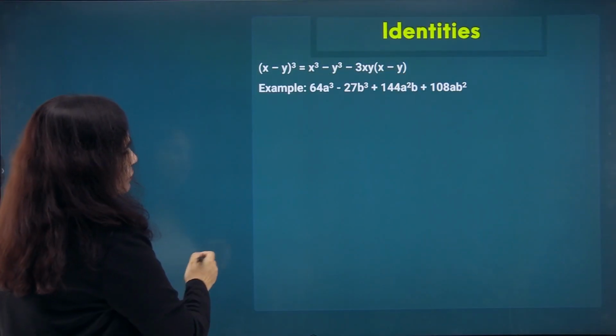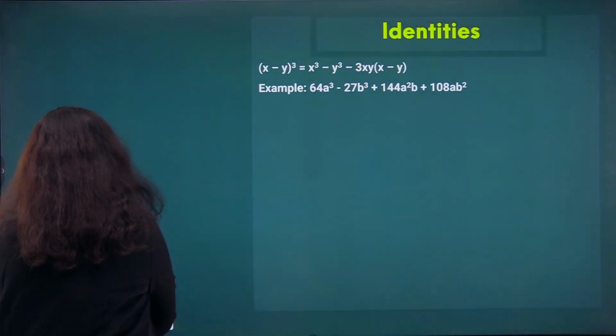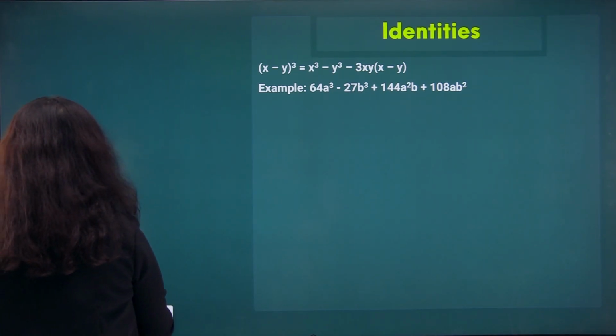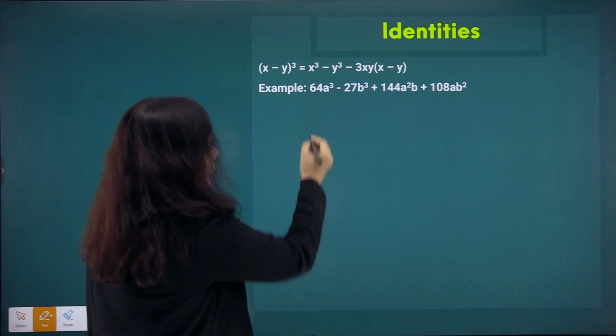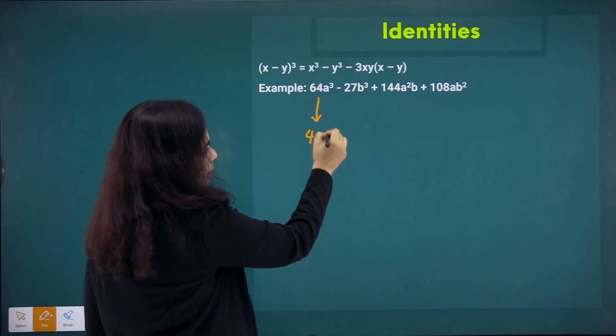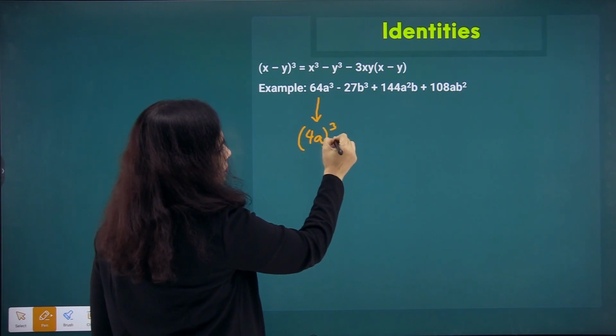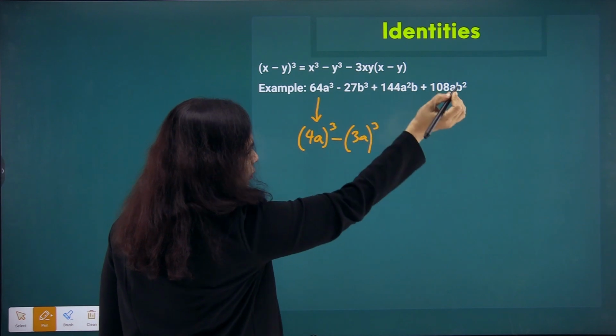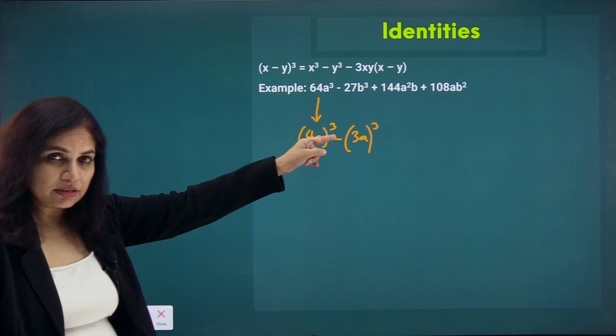Similarly, we can check this also. It would be fun if I check this. 64a cube. Writing it in the form of cube, this will be 4a whole cube minus 3b whole cube. I will not write the rest of the terms before checking.